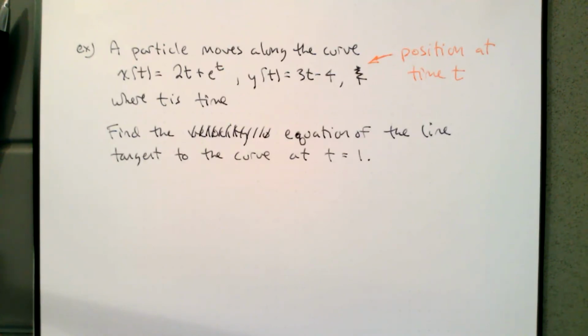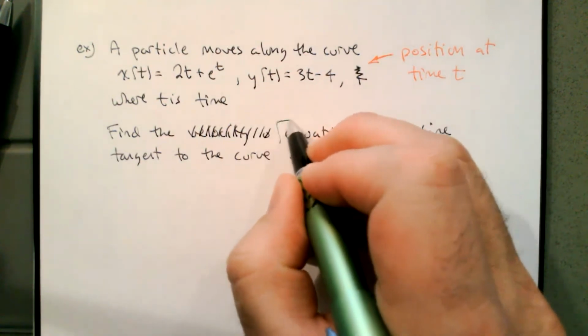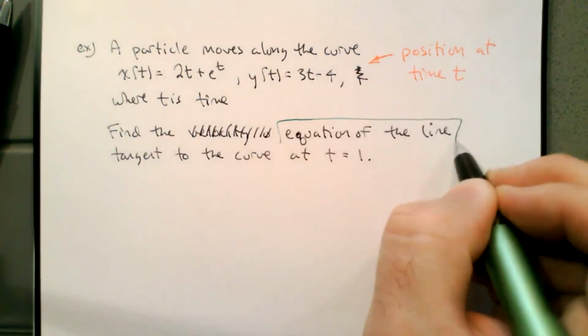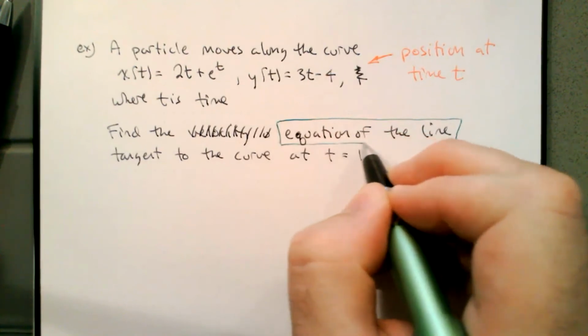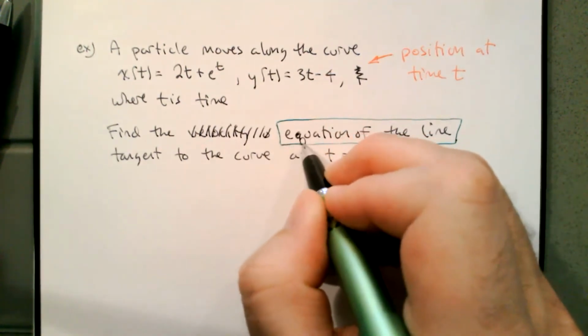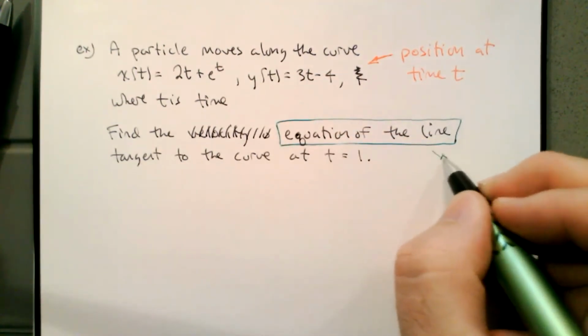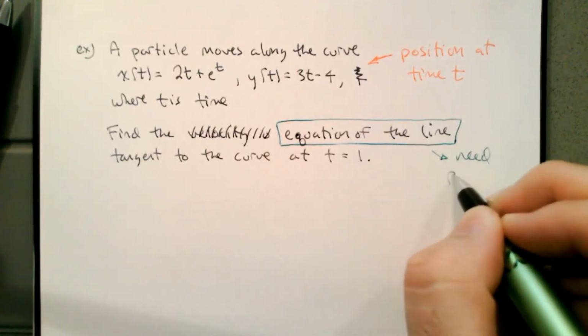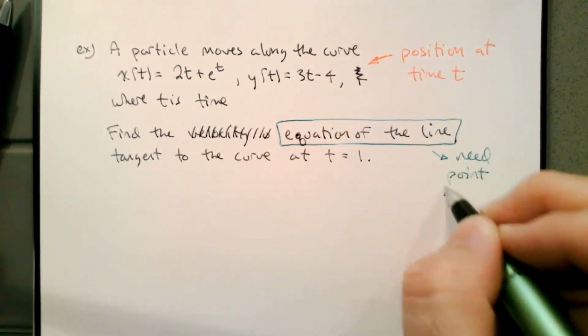We want to find the equation of a tangent line. We need a point, and we need a slope or a direction. If it's a tangent line, that means the direction comes from derivatives. So taking a look at the parts, the things that we're looking for. We want the equation of a line. And that says we need a point and a slope.